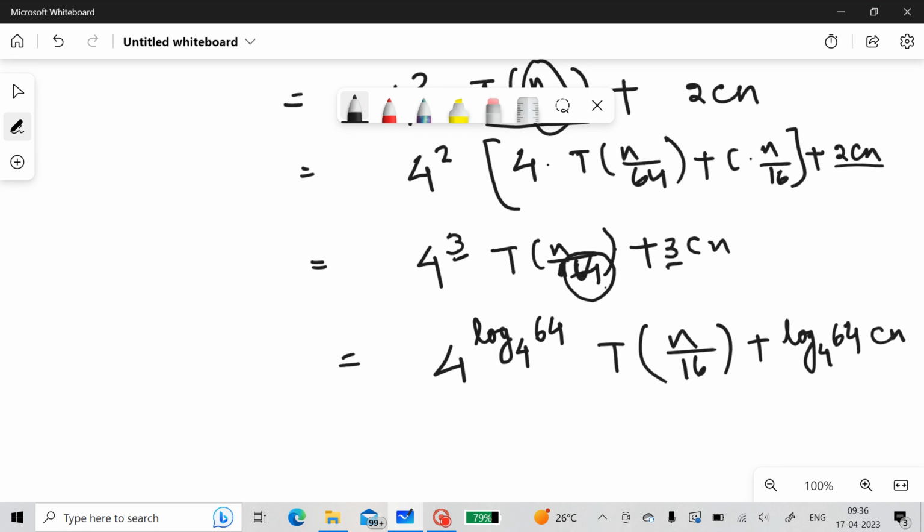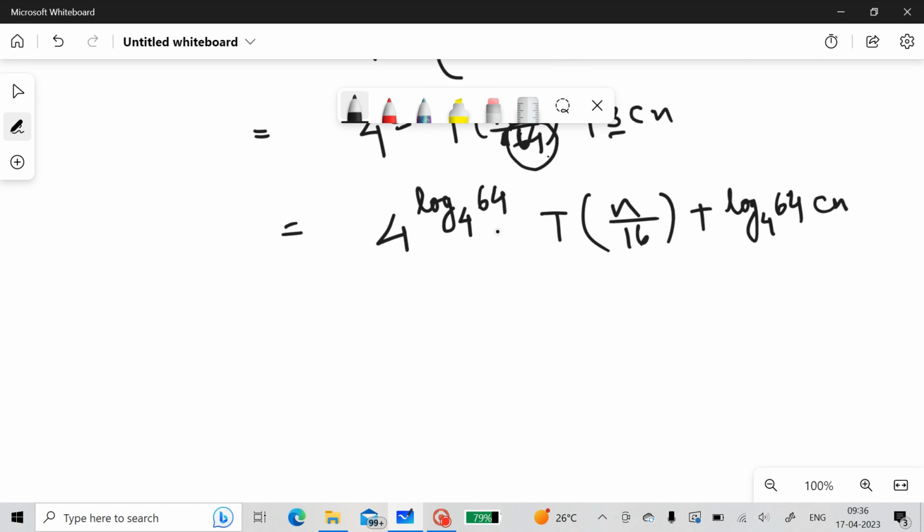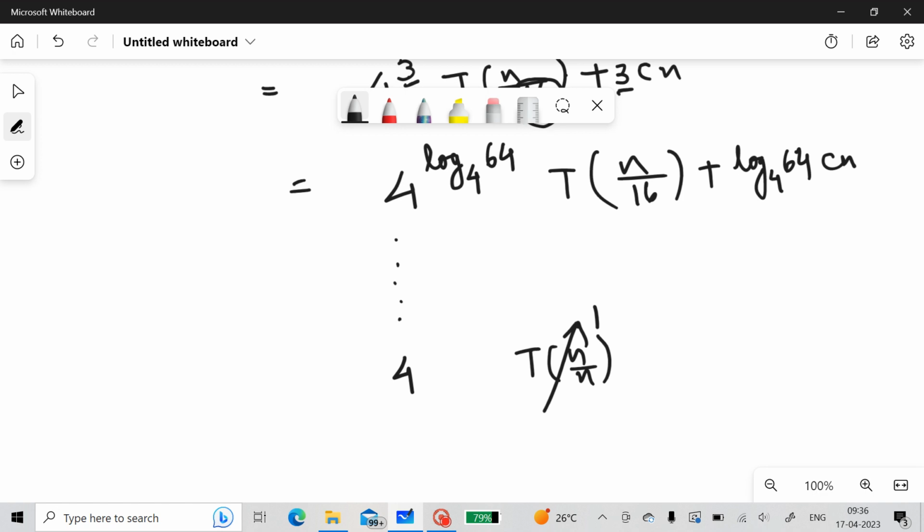If you go on like this till you get T of n over n, that will give you the base case, which is 1. So what you will get as the coefficient is log n base 4, and here you will get log n base 4 times cn.